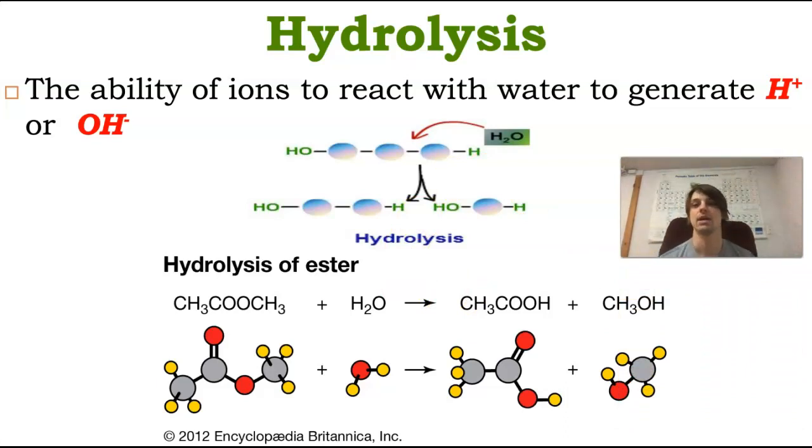Anytime a substance or ions use water in a reaction and generate H and OH, they're bonding H and OH to themselves, and when they dissolve they can form H and OH. This is just a term you're going to see occasionally, so I wanted to quickly introduce it and define it: hydrolysis is using water in a reaction, producing H and OH.